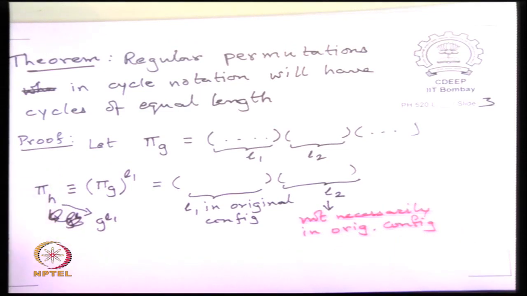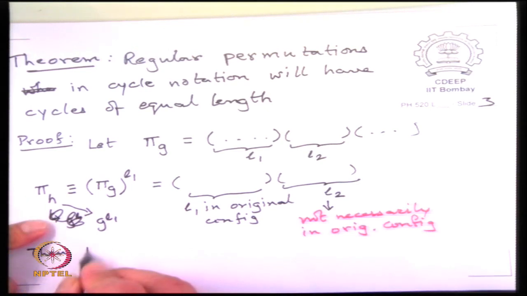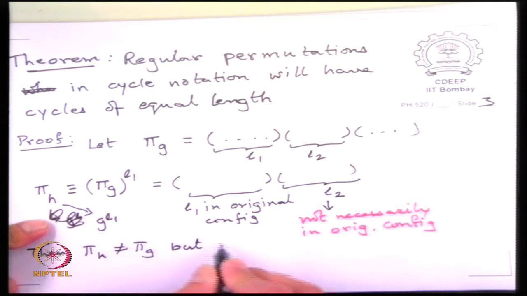So then there are two elements, pi h not equal to pi g, but share one cycle.